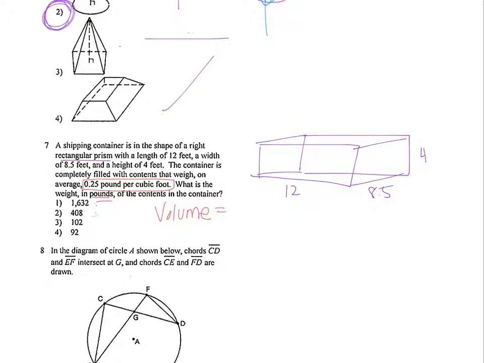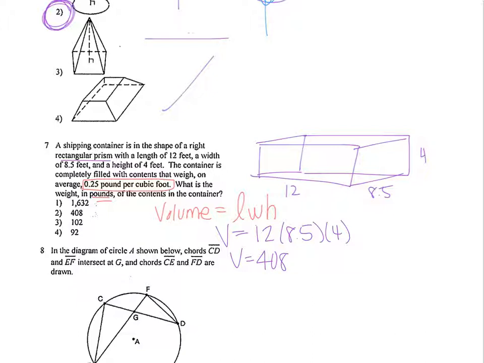The volume of a rectangular prism, unfortunately, is not given on the reference sheet, so you do have to memorize that formula. A rectangular prism is length times width times height. So we have 12 times 8.5 times 4. Once you type that into your calculator, you find the volume to be 408.